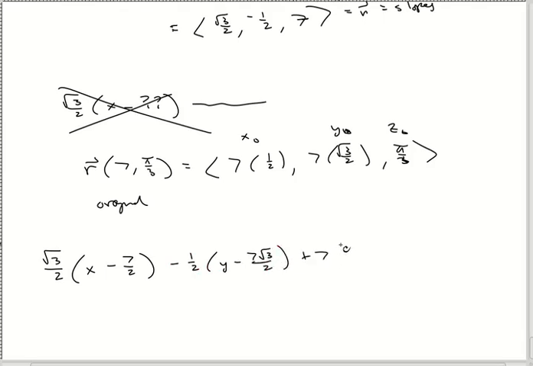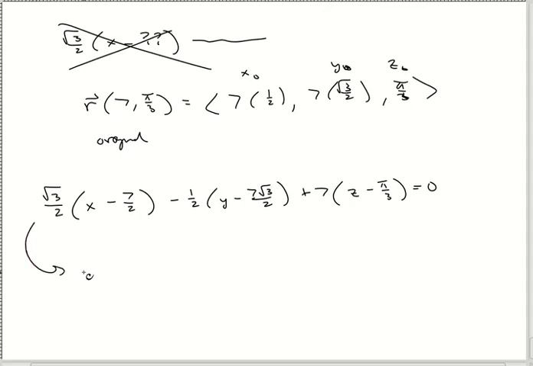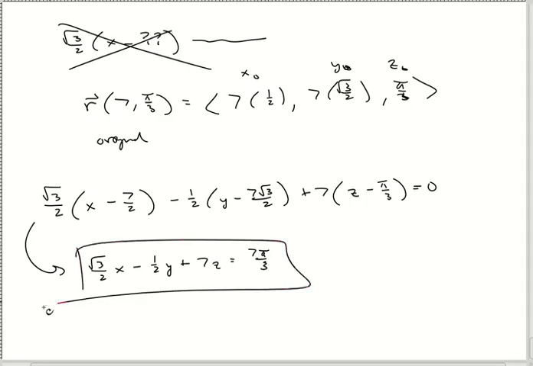And then plus 7, z minus the pi over 3, and then equals 0. And that should be good enough. Now, I'm going to just simplify it real fast to what they had, but I think that's going to be fine up there. Okay, so they got 7 pi over 3 in the end. I think some stuff canceled, essentially.